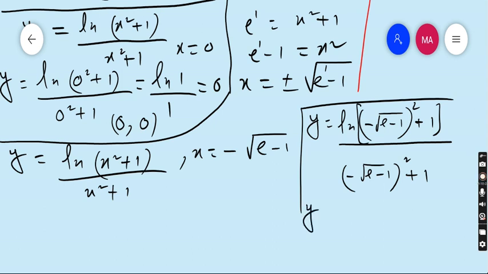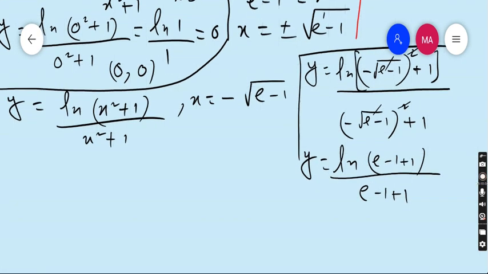Now y = ln, minus square plus square and root cancel, (e minus 1) plus 1 upon, minus square is plus, 1, square and root cancel, (e minus 1) plus 1. y = ln, 1 cancel by 1, ln e, 1 cancel by minus 1 is e, ln e upon e is cancel, 1 upon e, 1 upon e can be written as e power minus 1.